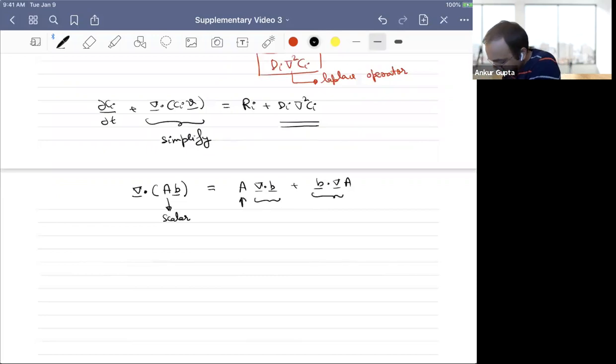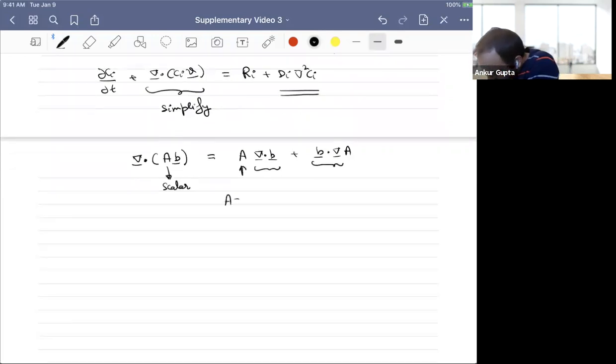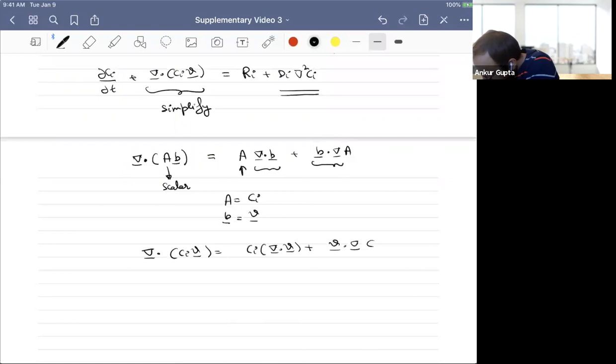In this case a is ci, and please don't get confused with this b vector. This is just an identity, nothing to do with the b scalar that we had initially. Here the b vector is v. So I can write del dot (ci v vector) is ci del dot v plus v dot del ci.